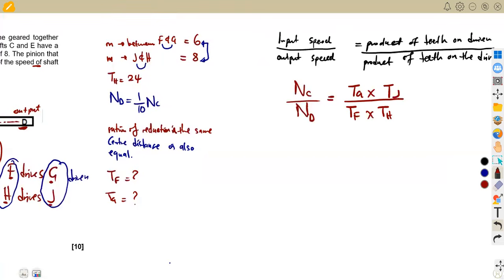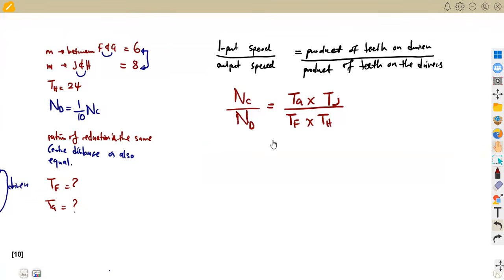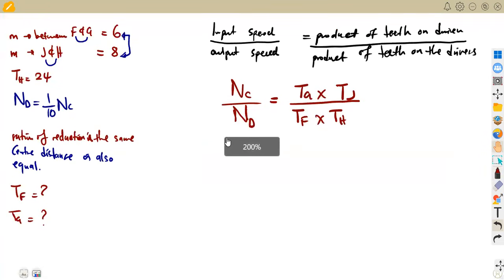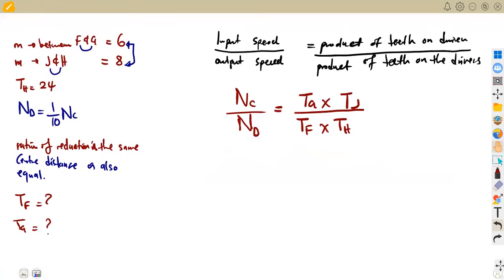But remember about the ratio here, because we are going to consider two things. One, the simplification of this ratio of NC over ND, because here we are given a certain consideration to work with, that ND is equal to 1/10 of NC, which we shall see later on.